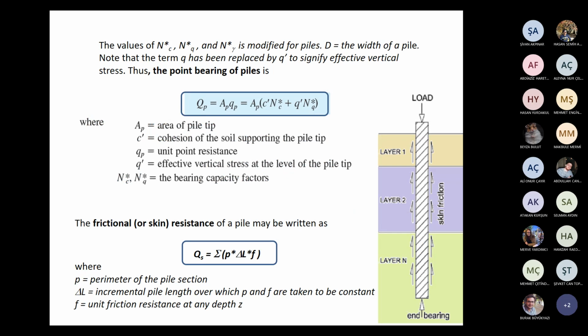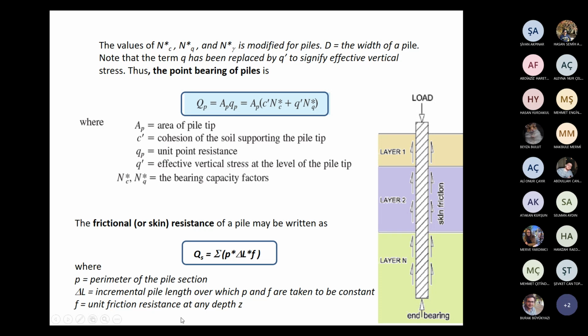But when we calculate skin resistance or shaft resistance along the pile length, soil is in general layered. So we have to consider the soil properties of all these layers. For example, in this figure 3 layers are shown, but it may be 5 layers, 10 layers anyway.